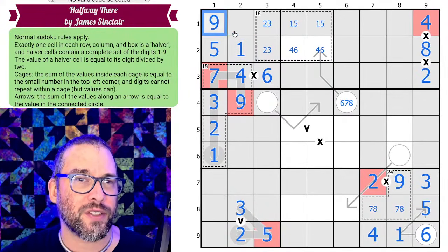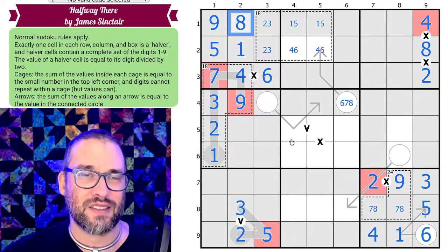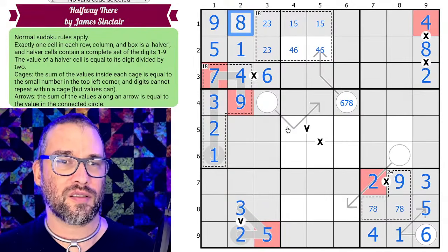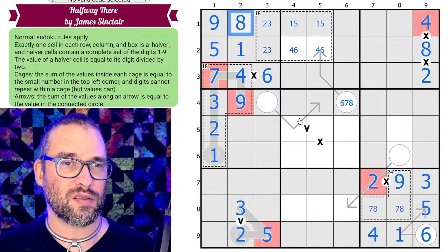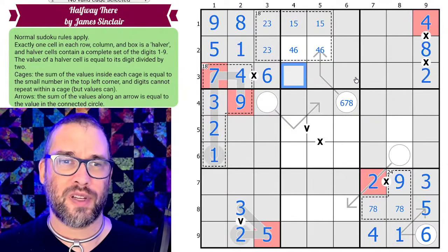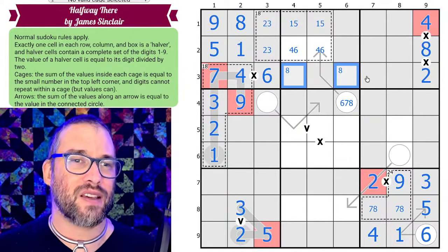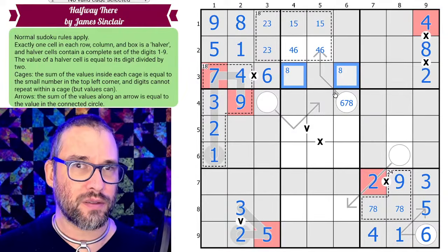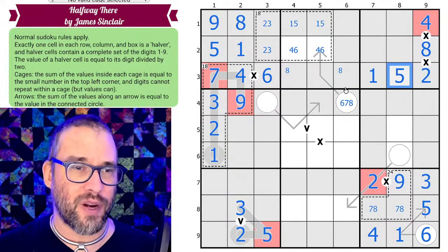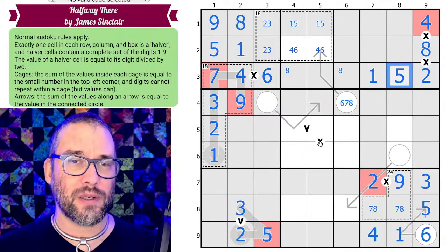Oh yeah, I can just finish the box. So we need an 8 in one of these cells for what that's worth. Oh, 1 and 5 in box 3 go there, points out Jennifer.